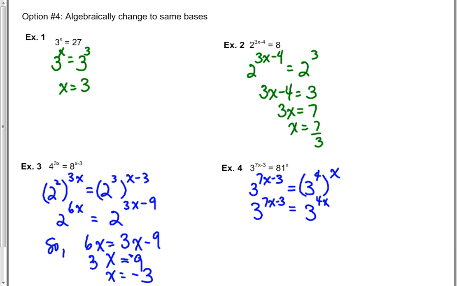The bases are the same, therefore the exponents must be the same in an equality, so 7x minus 3 is equal to 4x. Subtracting 4x from both sides, adding 3 to both sides, I have a final answer of x equals 1.